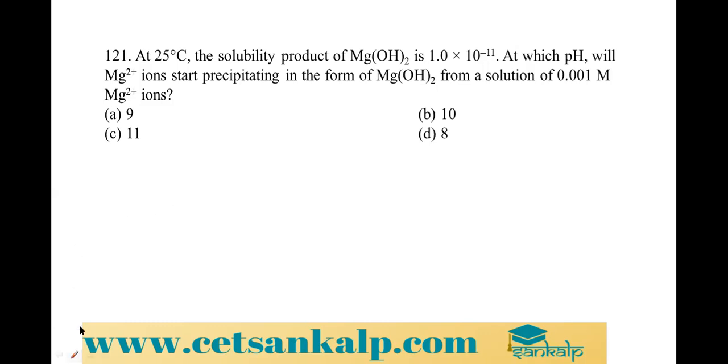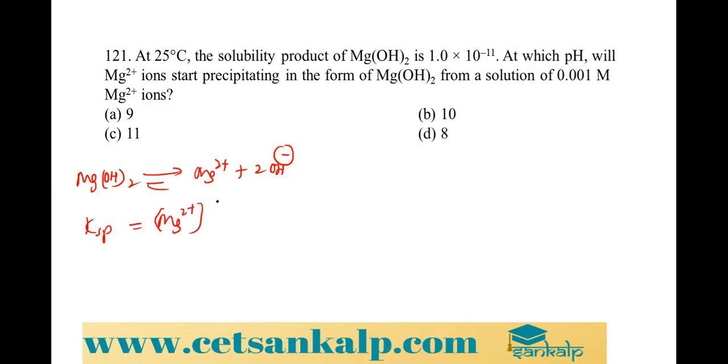So in the same type, see the solubility product equation: Mg(OH)2 is there, ionize it and write Mg2 plus and 2 OH minus. So KSP, the solubility product given, is Mg2 plus into OH minus to the power of 2. See the KSP value. So that is going to be equal to the solubility product of magnesium hydroxide. Of course, 1 into 10 to the power minus 11 is equal to magnesium concentration 10 to the power minus 3, right?